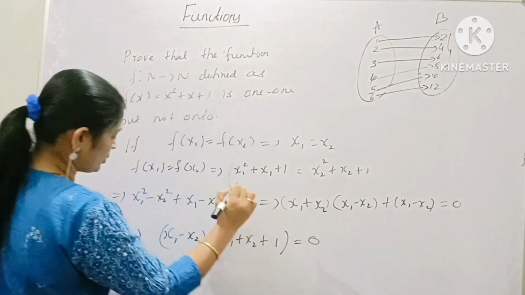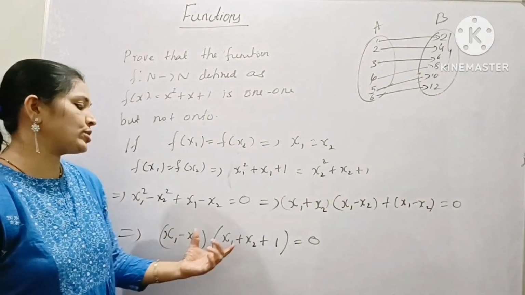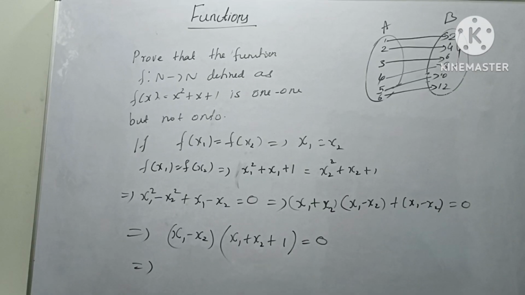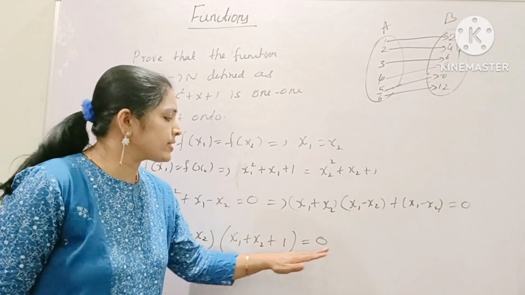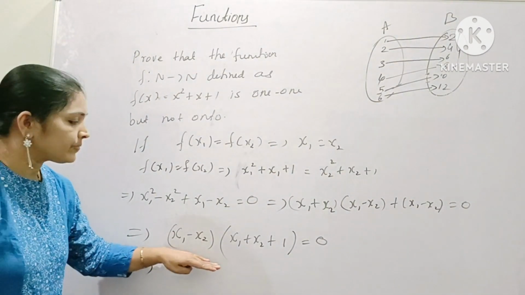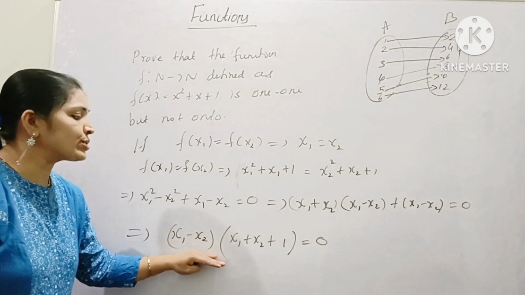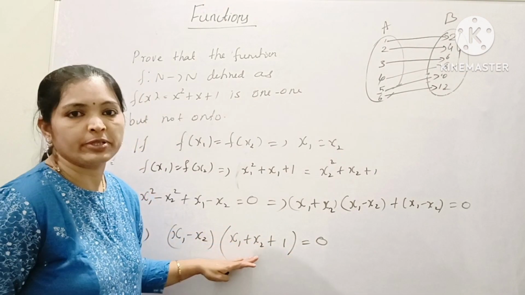That is equal to 0. That implies either x1 minus x2 is equal to 0 or x1 plus x2 plus 1 is equal to 0. It is impossible, right?